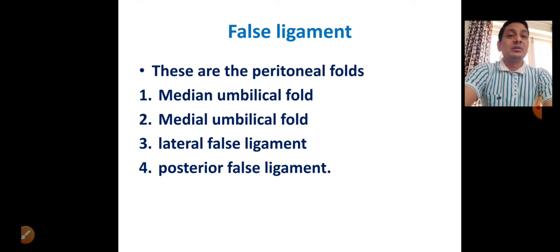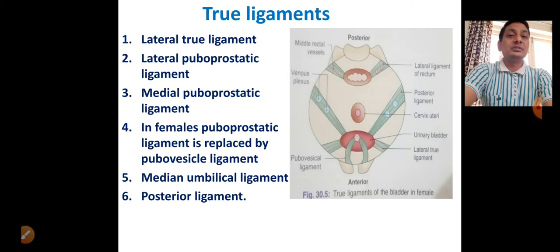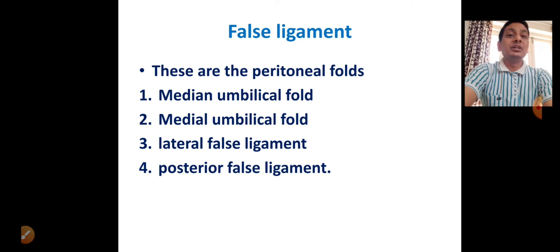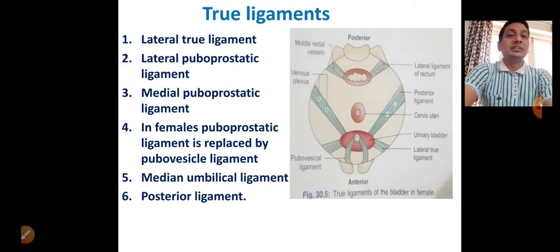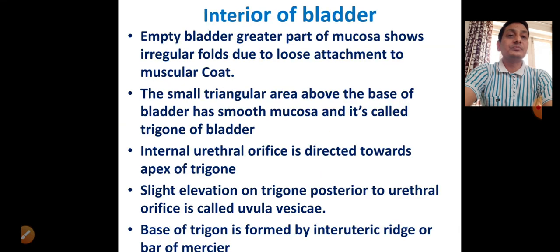So there are four false ligaments. And the true ligaments are the lateral true ligament, the lateral puboprostatic ligament and the medial puboprostatic ligament. In the female, the puboprostatic ligaments are replaced by the pubovesical ligament. Then the median umbilical ligament and the posterior ligament. These are the true ligaments.